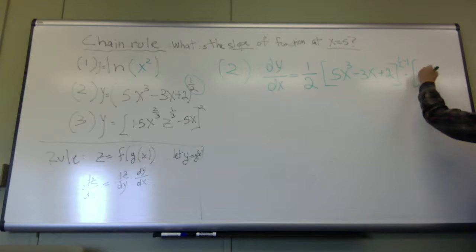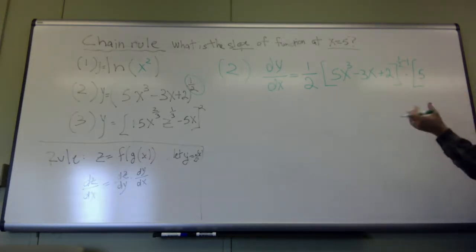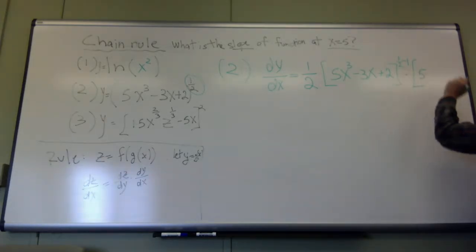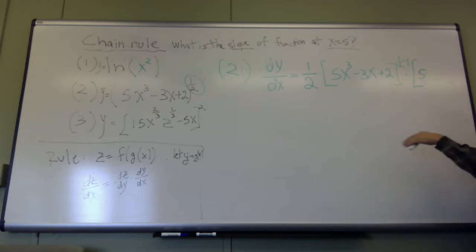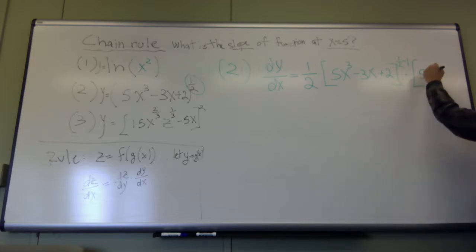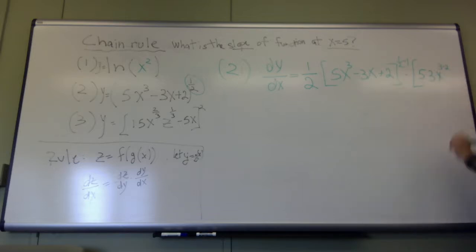That is 5 times, we treat the 5 as a constant, so we just rewrite it. 5 times now x to the power of 3, we apply the power rule. We take down the coefficient 3, we write again x to the power of 3, and we add a minus 2. That's the first component.